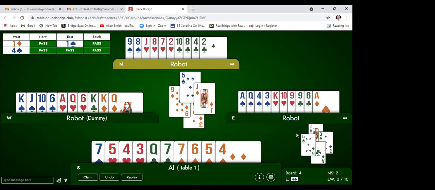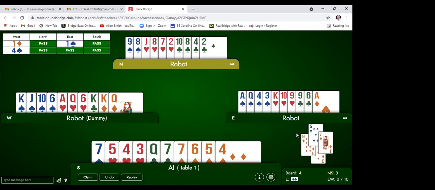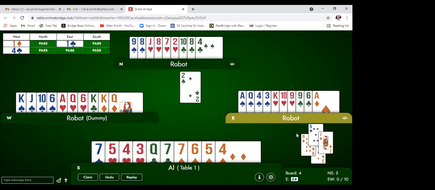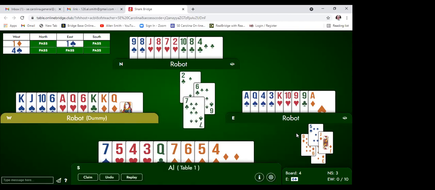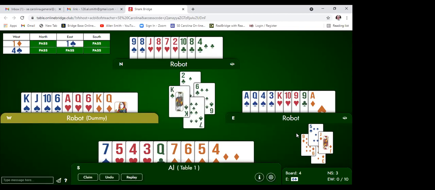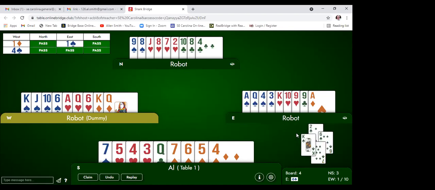And he says, oh, okay, well, maybe something weird will happen at clubs. He leads the clubs again, and I look over. There's the singleton there, so I don't have to climb. And he takes the king of clubs. Now, all right, we've got all the tricks that we're going to take. We've taken 3 tricks off the top, 2 trump tricks and a club trick.